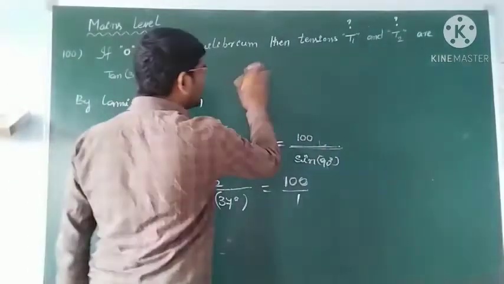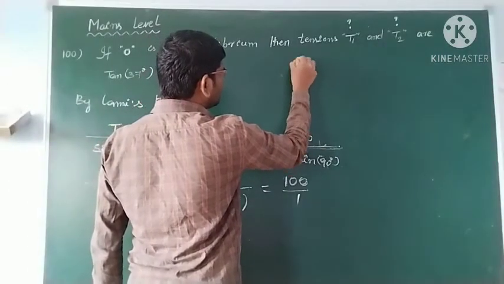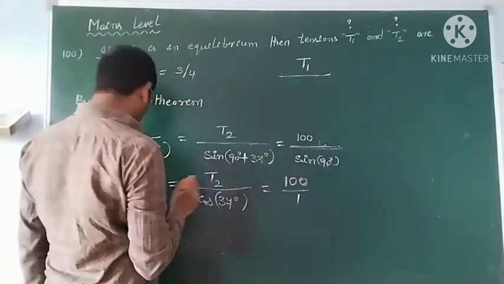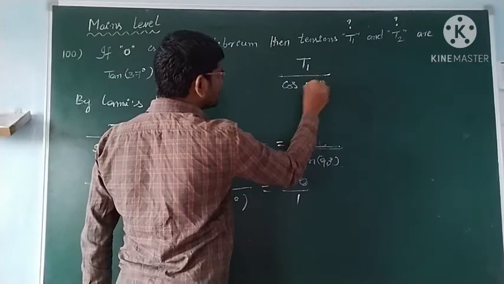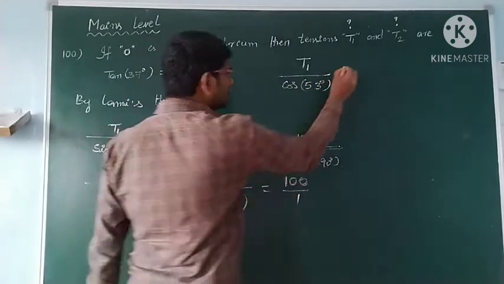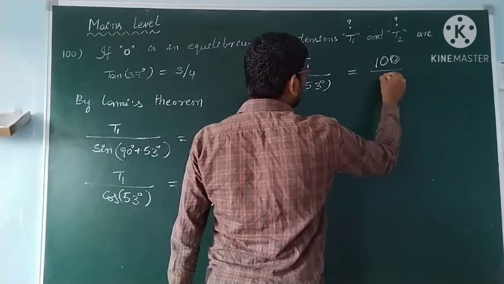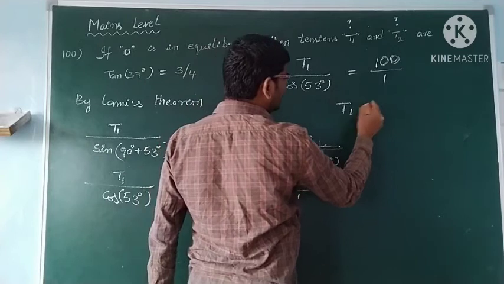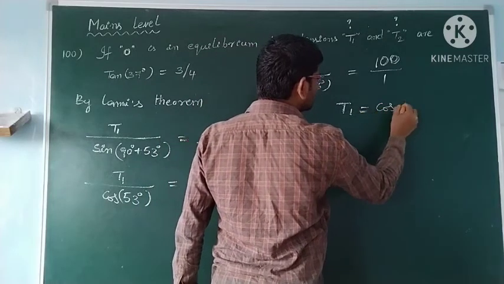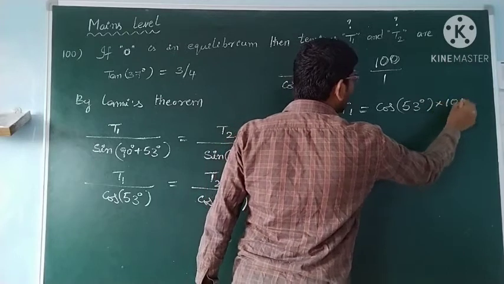So T1 by cos 53 degrees is equal to 100 by 1. Then T1 is equal to cos 53 degrees into 100.